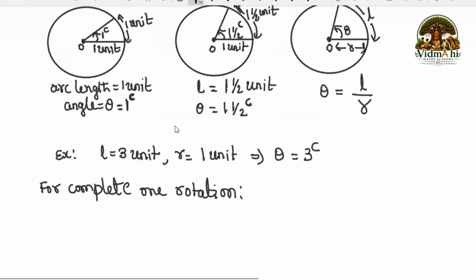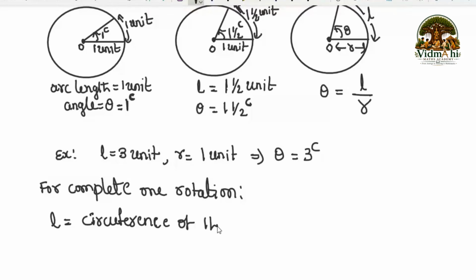So here for complete one rotation, the arc length L is nothing but the circumference of the circle. We already know the formula, that is 2 pi r.